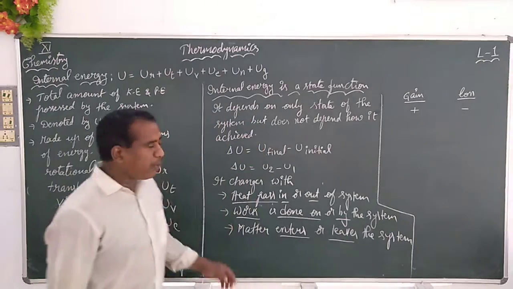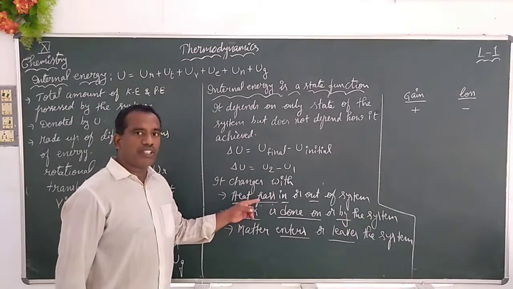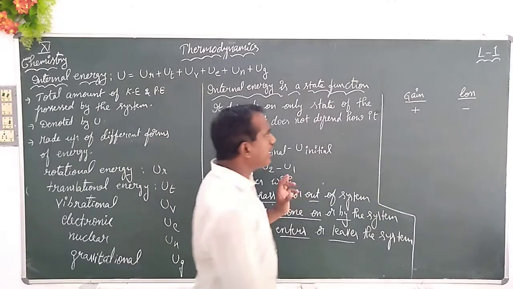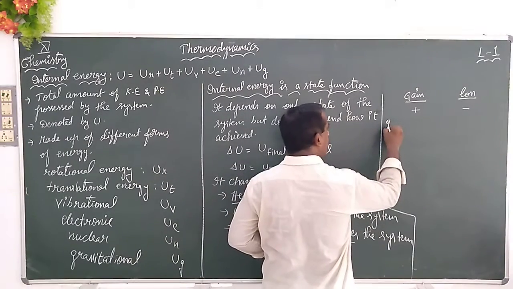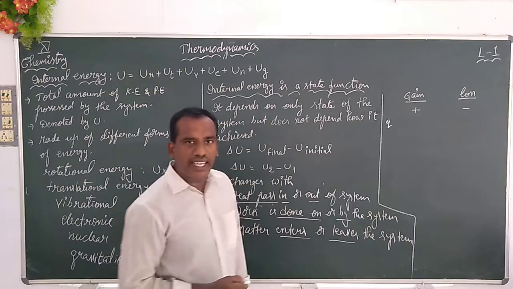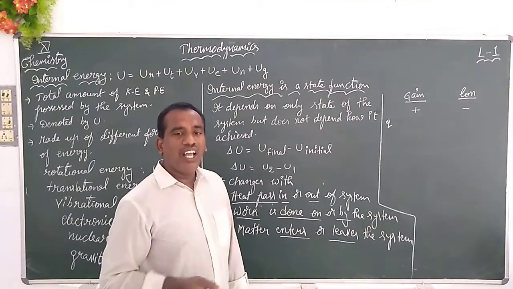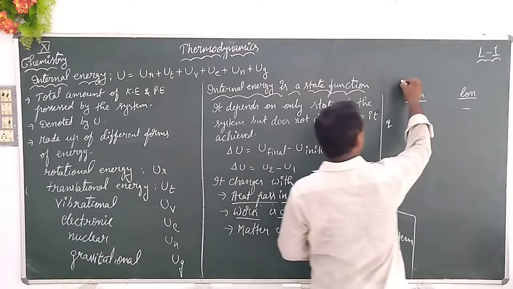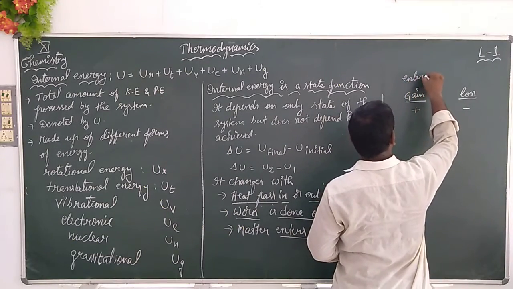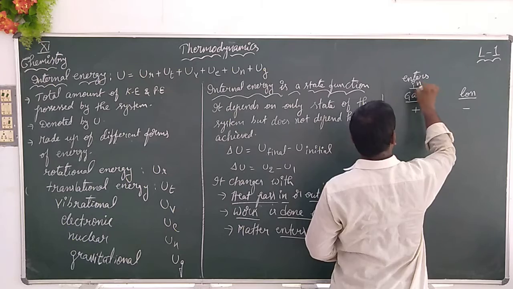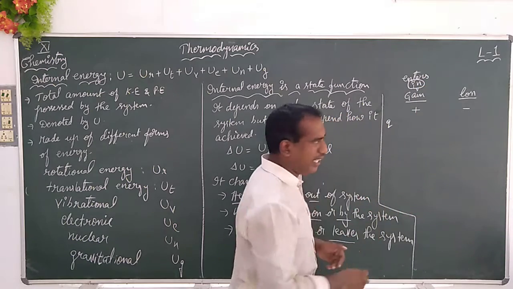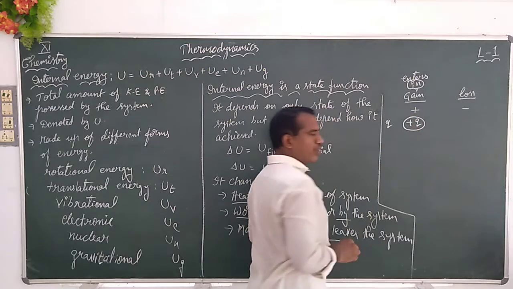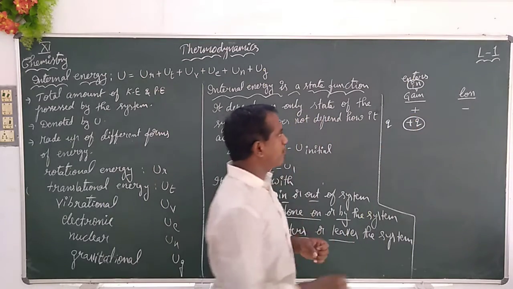Internal energy depends upon what? It depends upon the change in the heat passing in or out of the system. The symbol you use for heat is Q. When heat enters into the system, meaning the system is gaining heat, you will have a plus Q value.